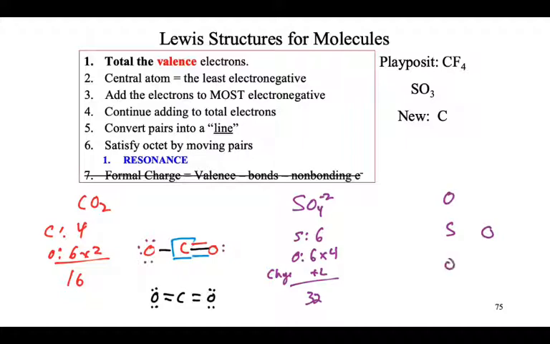Scatter my oxygens around the outside. That was the wrong eraser. Make bonds. Does every atom have an octet? Yes.